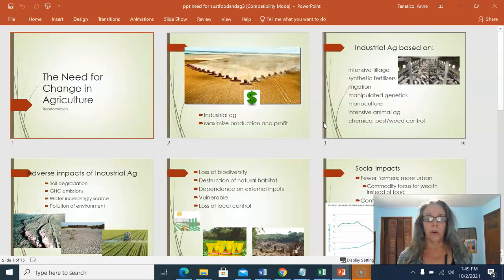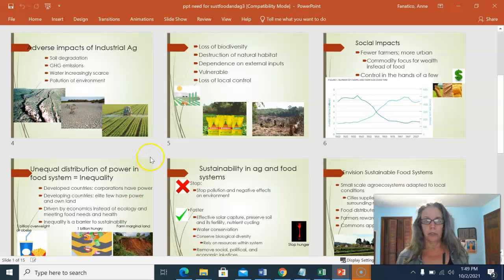I think you'll recall how these form the backbone of very high yield agriculture. But there have been adverse impacts.